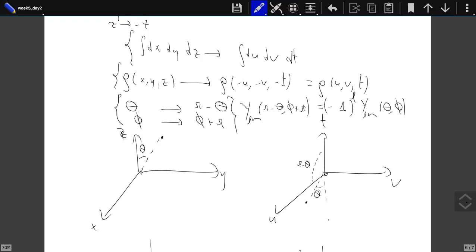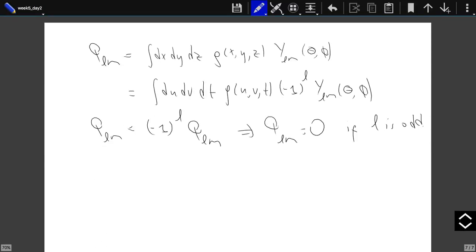So are the multipole moments real numbers? So you don't seem to be convinced? What was the question? The multipole moments, are they real numbers?